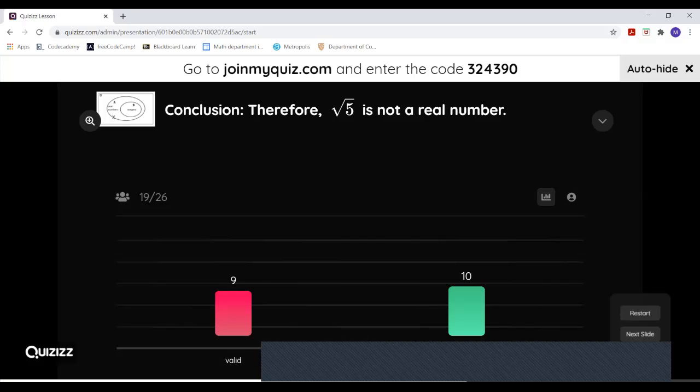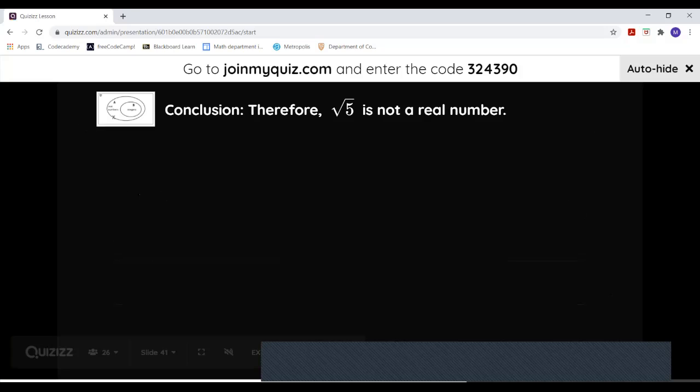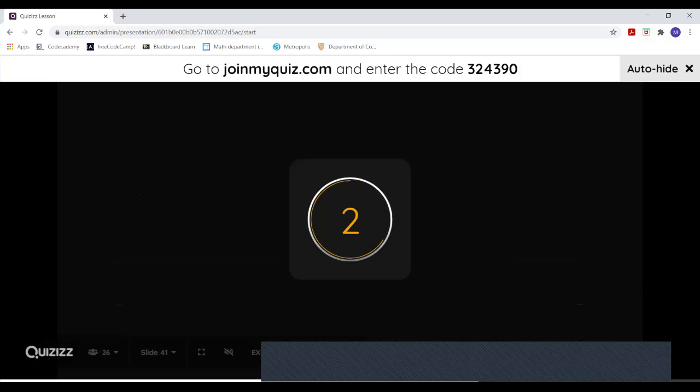Root 5 is not an integer, but it is still a real number. So our conclusion doesn't even make sense based on our premises being true. If you start with true premises and you do valid deduction, your conclusion should also be true, right? It should follow. So this is a false statement. So it doesn't even follow from our premises.